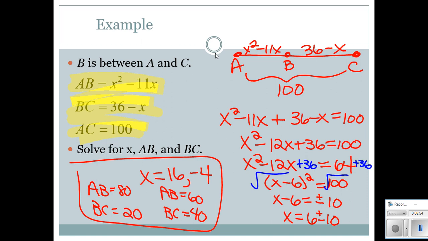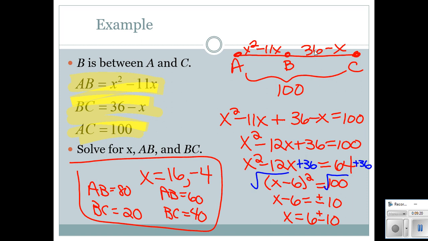First of all, if you add AB, which is x squared minus 11x, and then BC, which is 36 minus x, it equals 100, right? So what we're going to do is add: x squared is here, negative 11x plus negative x. Combine like terms, which is negative 12x.